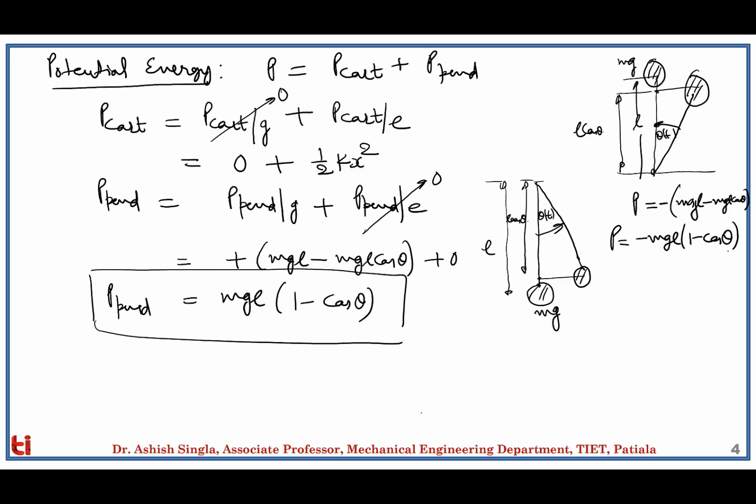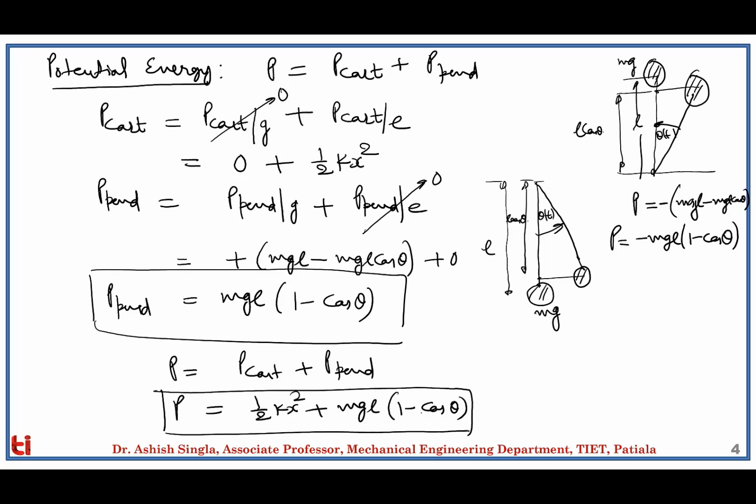So the total potential energy of the system P is equal to the potential energy of the cart plus the potential energy of the pendulum, which is equal to half kx square plus mgl into 1 minus cos of theta. After calculating the kinetic energy and potential energy of the whole system, we are now in a position to calculate the Lagrangian, which can be written as the total kinetic energy of the system minus the total potential energy.